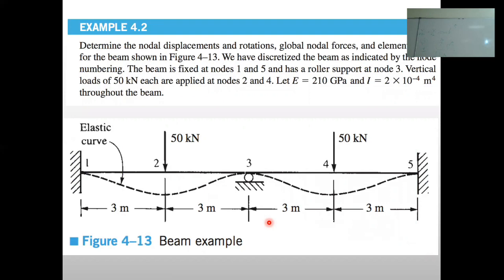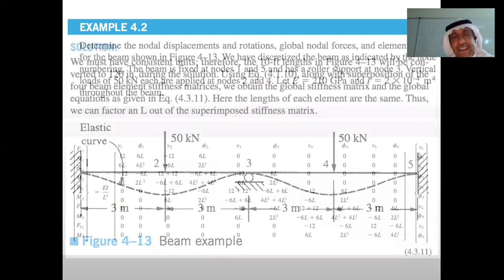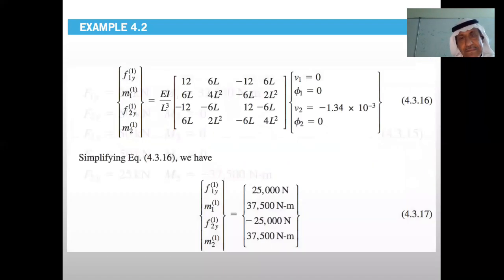You make it hinge? No, how come you make it hinge? No, but it is symmetric. Symmetric means the slope is 0 here. Look, symmetric. So this is what? Fixed support. Because when the slope is 0 and deflection is 0, it is modeled like a fixed support. Okay, fixed support.